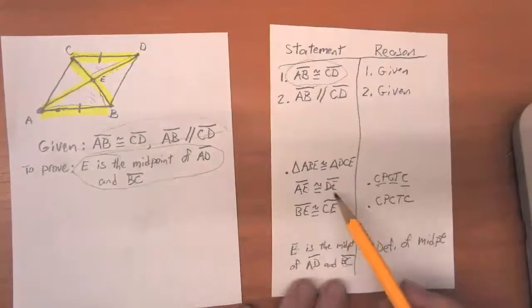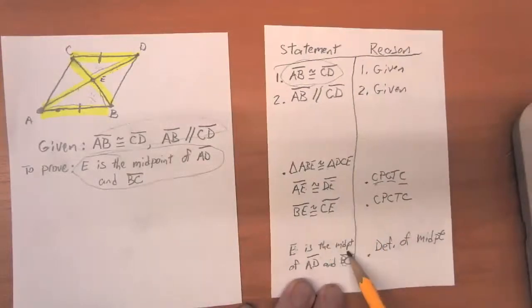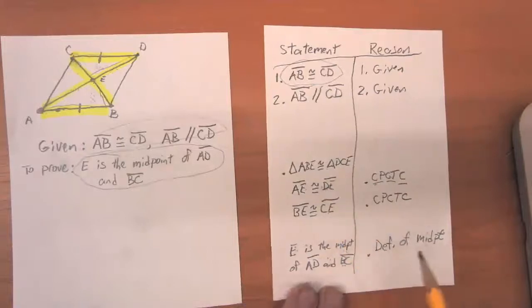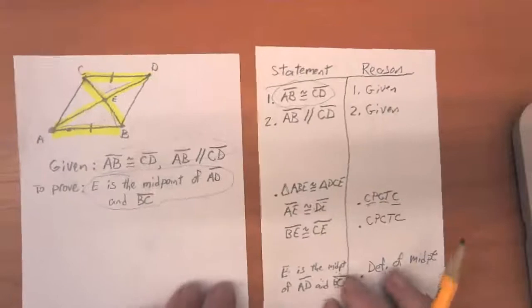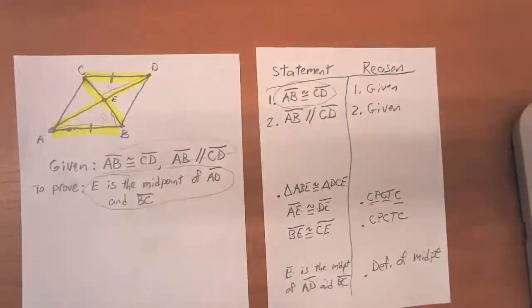I'm taking these congruent statements and expressing them in human language using the vocabulary word midpoint. And I'm allowed to do that because that's what midpoint means. You've also seen us work from this as a given to these congruent statements, also because of the definition of midpoint.